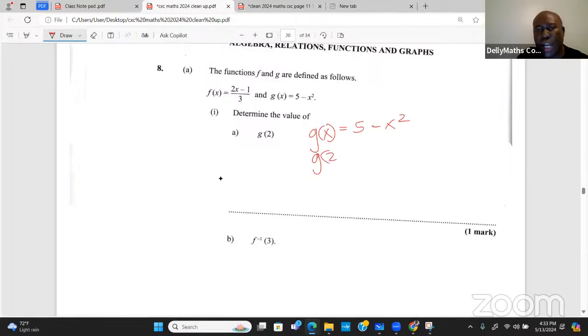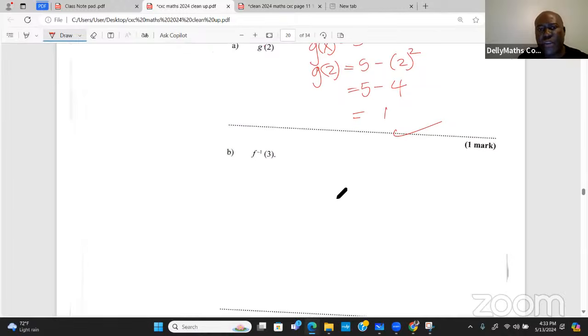So if I'm going to do g of 2, I'm simply going to substitute 2 where the x is. So this is going to be 5 minus 4, which is equal to 1. All right, very good. So 5 minus 4 is equal to 1, and we have that for g of 2.